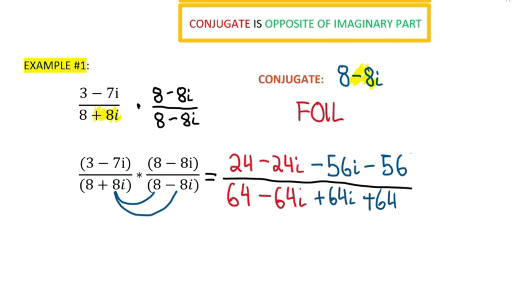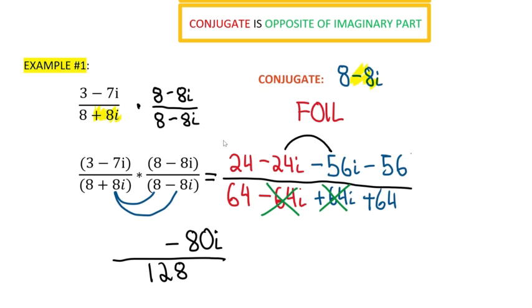So let's take a look at what we have. We clearly can see that every time we're doing this multiplication, we are going to have the i terms in the denominator cancel out. So we have 64 plus 64, which is going to give us 128. And then we have to combine the like terms. Negative 24 combined with negative 56 is going to give us negative 80i.